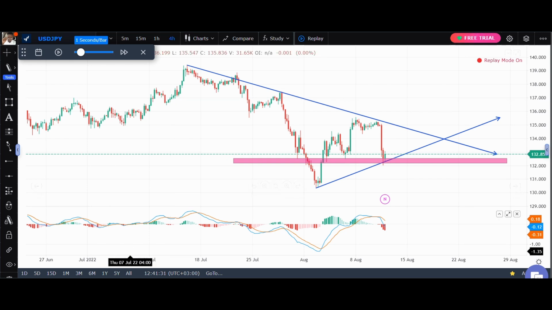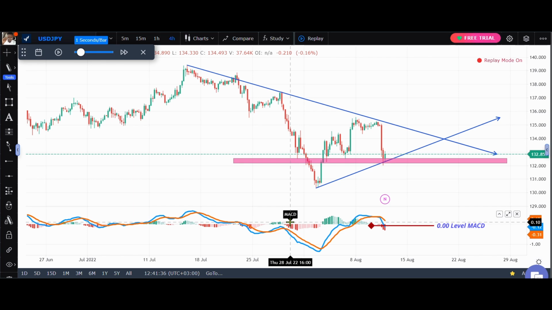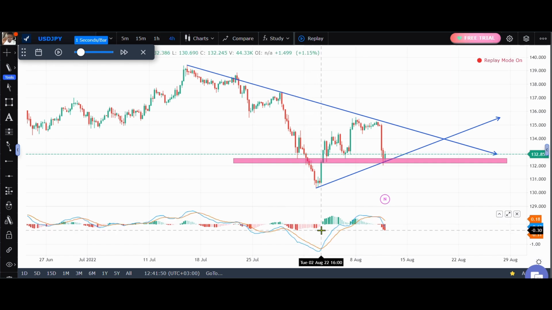Now, when the MACD is on the 0.00 line, do not take a short or long position. When the histogram is below the zero line, and the MACD line is facing down, it indicates that the price is falling, like here.